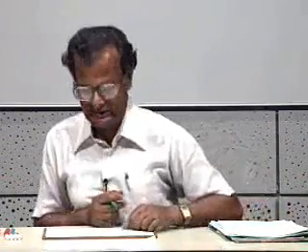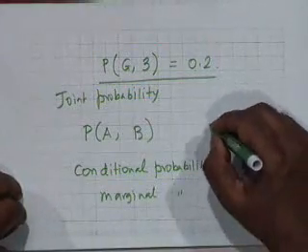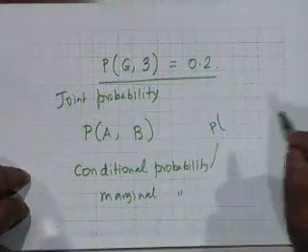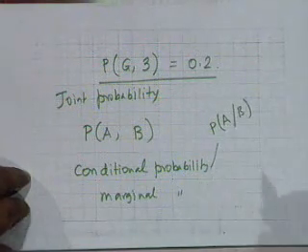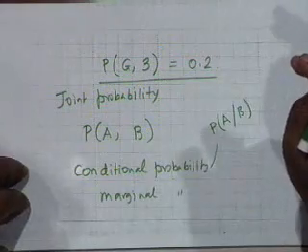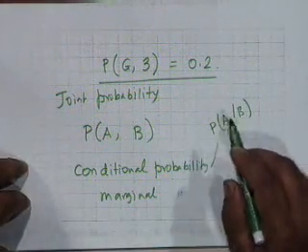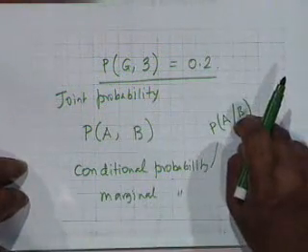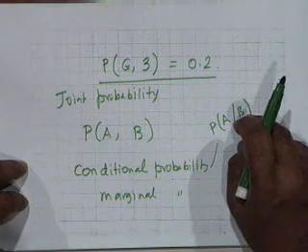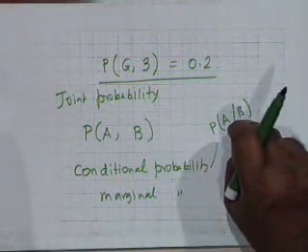Let us introduce these terms. Conditional probability is denoted by P(A|B), which means the probability of the event A given that B has occurred. The condition is that event B has occurred.